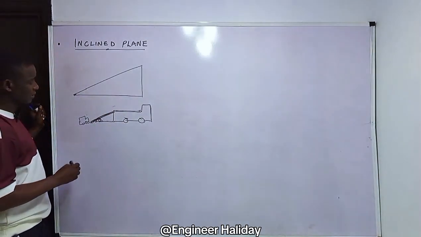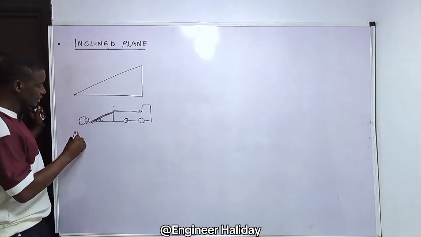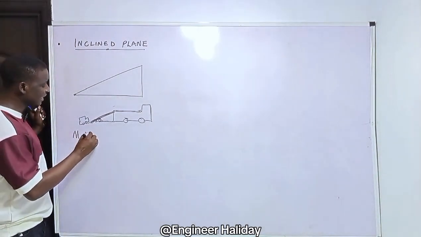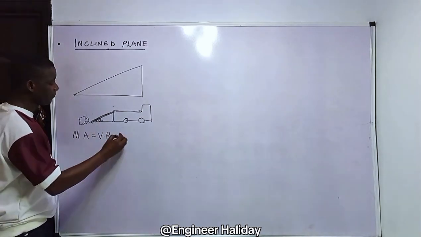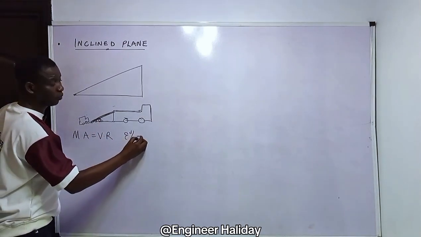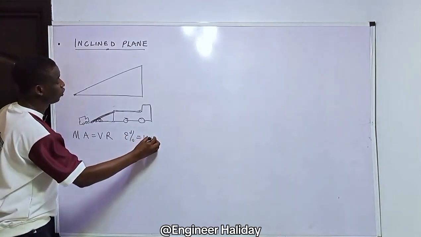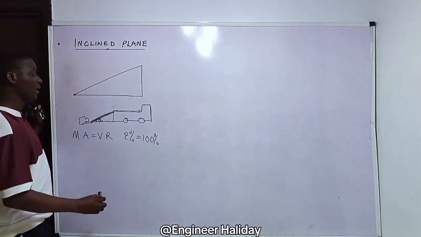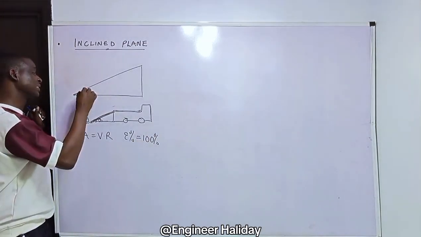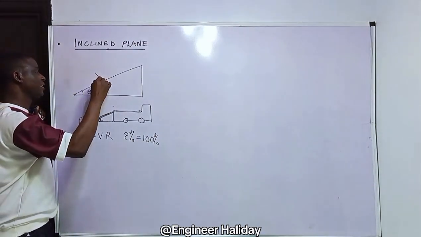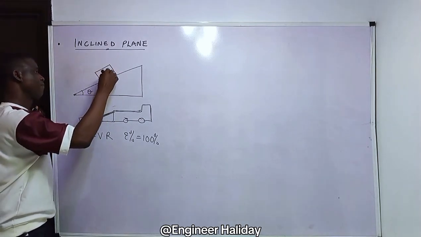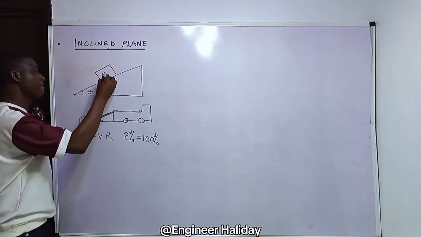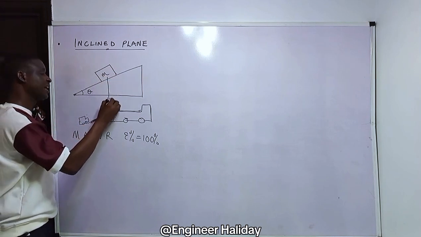Apart from that, we know that mechanical advantage is equal to velocity ratio if the efficiency of this particular incline is equal to 100%, meaning that this is the angle. Let's say this is the load, the mass M, that's the weight mg.